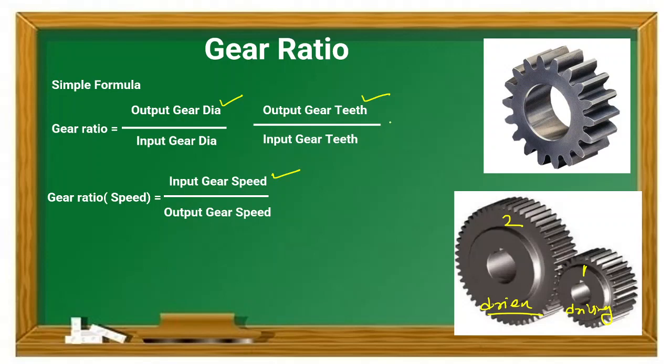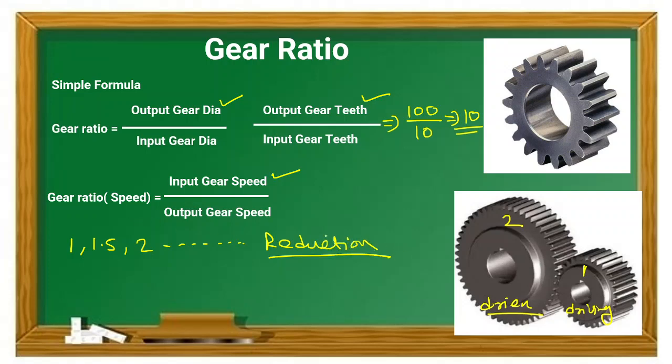One more thing is very important. Let's assume an example: your output gear teeth is 100, this is the larger gear, and for the input gear let's assume there are 10 teeth. So our gear ratio comes to 10. When your gear ratio is greater than 1, like 1.5, 2, or whatever it comes to, it is known as a reduction gear ratio.